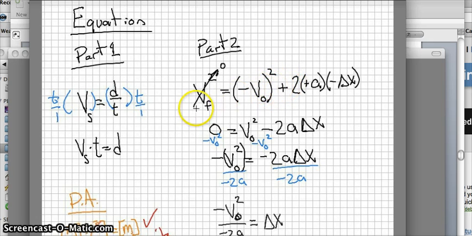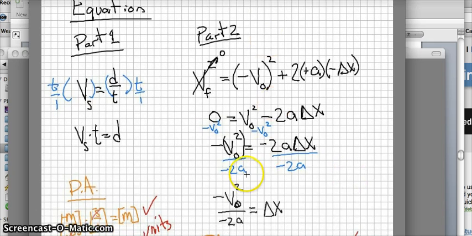So I've simplified here a little bit, and my final velocity is 0, so I canceled that out. I'm just going to try to isolate the delta x, the displacement. After doing so, I end up with delta x equaling negative v sub o squared over negative 2a.